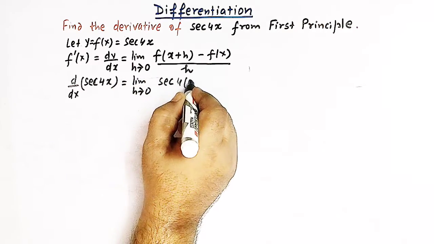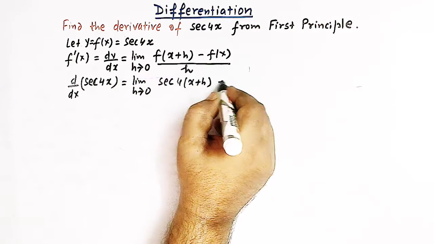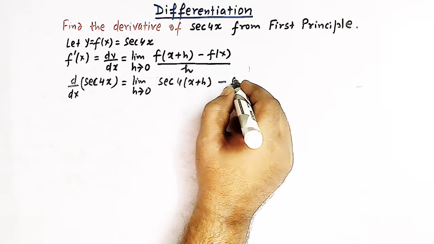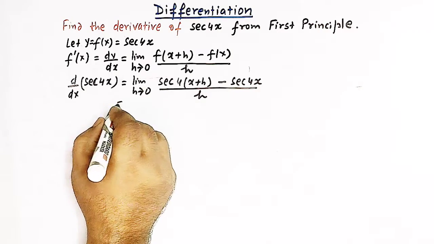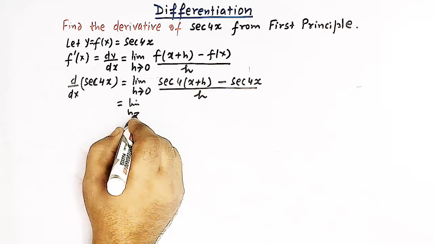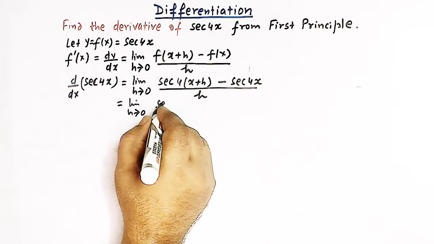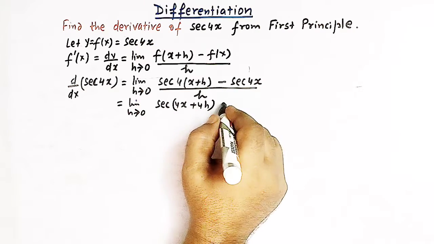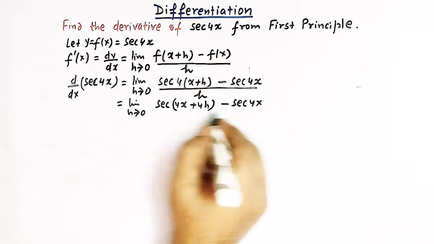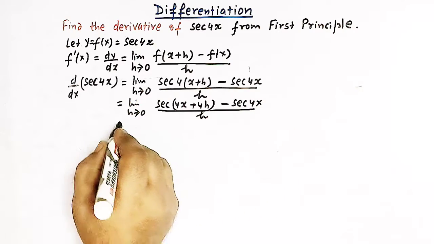So we have secant of 4 times x plus h, minus secant of 4x, divided by h. Let us simplify this expression. So we have secant 4x plus 4h minus secant of 4x, divided by h.